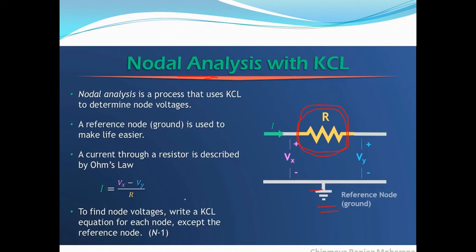How? What is the formula? The formula is, if we consider our current entering this resistor, with the input voltage to ground Vx and exit voltage Vy, then the total current passing through the resistor R will be Vx minus Vy divided by R.